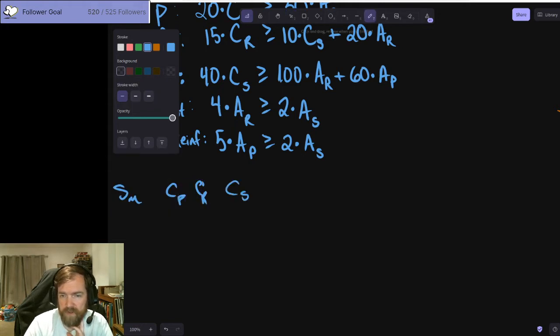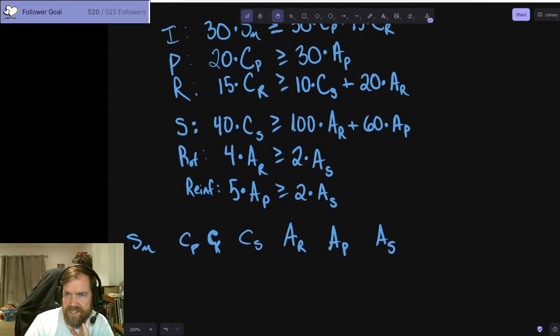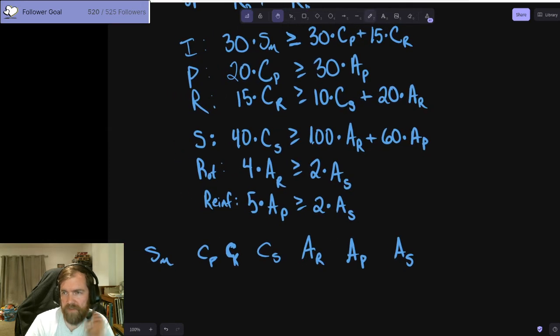Constructor for screw, constructor for rod, constructor for plate. Assembler for rotor, assembler for reinforced plate, assembler for smart plate. Maybe. Oh no, I kinda hate it. We'll see if this is even viable.